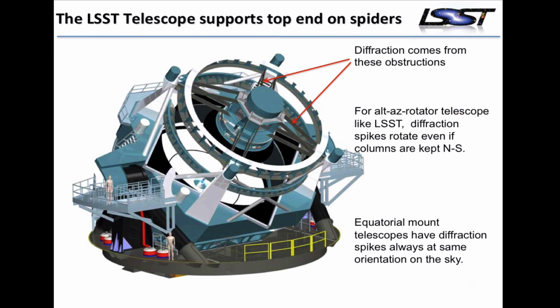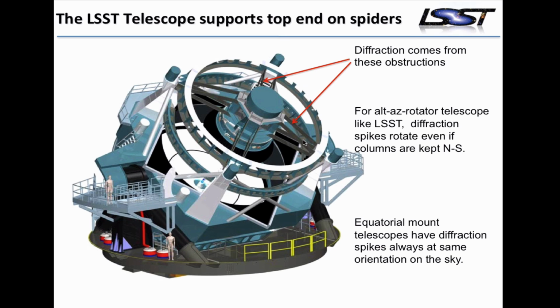The LSST telescope has the support structure shown here. For equatorial mount telescopes, where the orientation of the instrument is locked relative to north and where the support structure of the secondary has no rotational degree of freedom relative to the instrument, the diffraction spikes are always locked in place. That's the case for the Dark Energy Camera on the CTIO 4 meter currently. The LSST optical system, though, is an alt-az telescope that actually has 3 degrees of freedom.